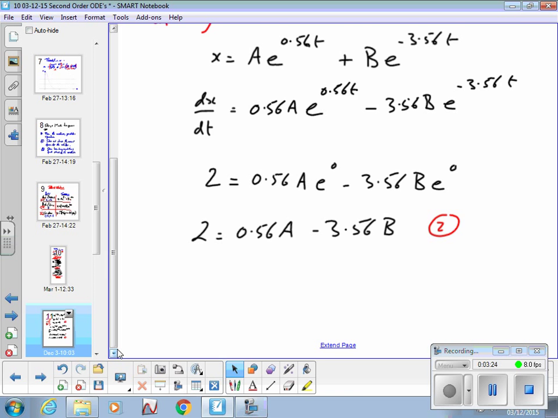Let's bring equation 1 down so it's with it. We've got that 3 equals a plus b. That was equation 1. So now we need to solve them.